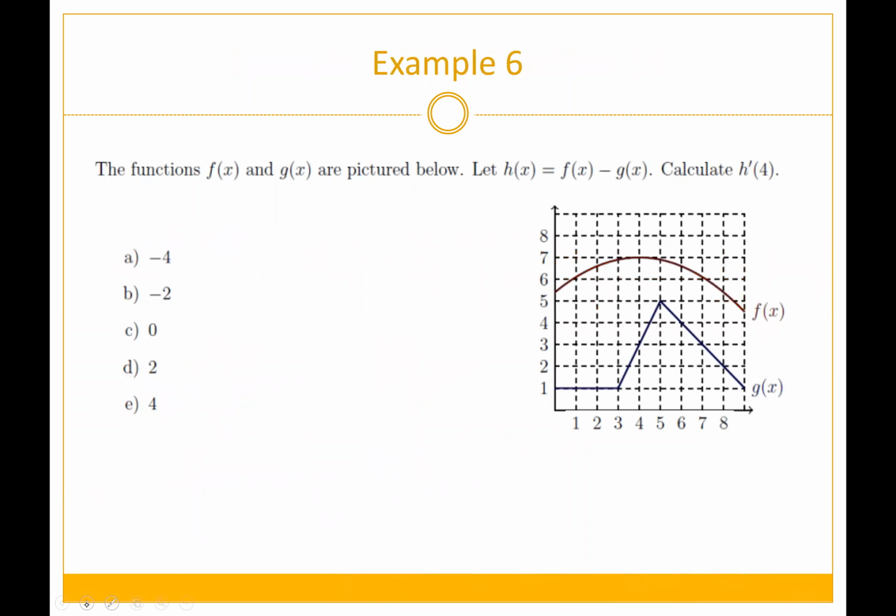Now we go to the third example of this section, example 6. The functions f(x) and g(x) are pictured. Now let h(x) equal f(x) minus g(x). Calculate h prime of 4.